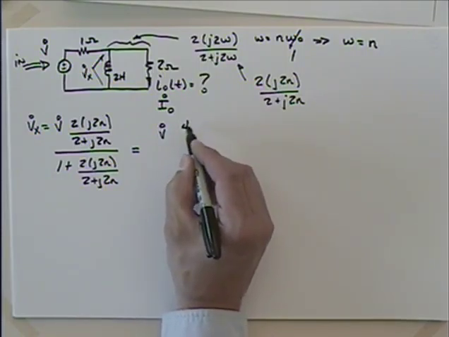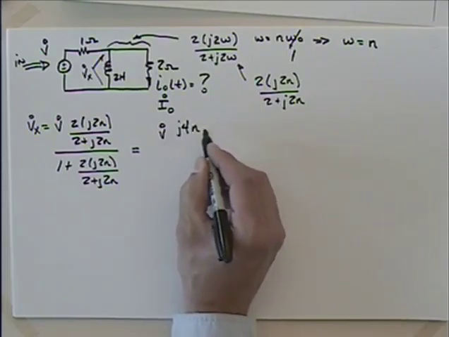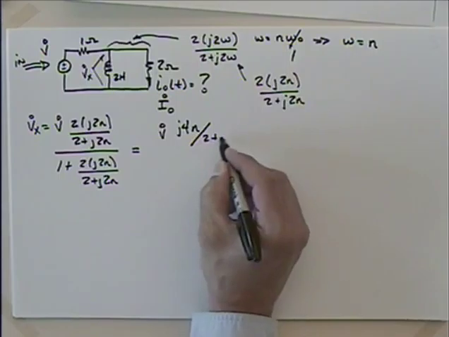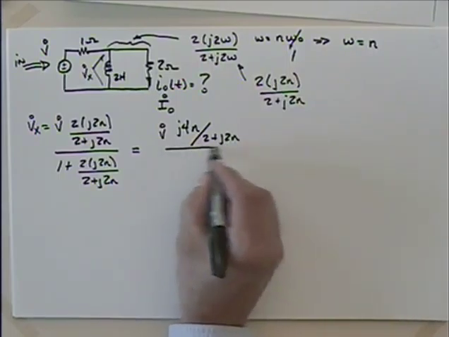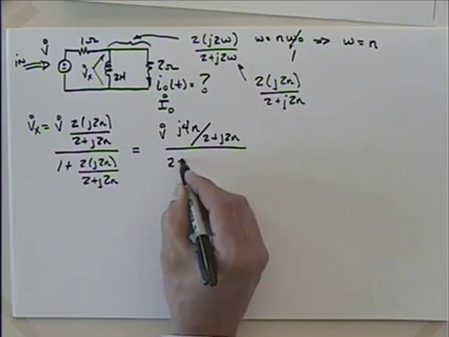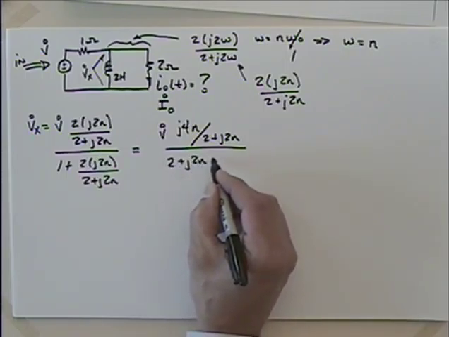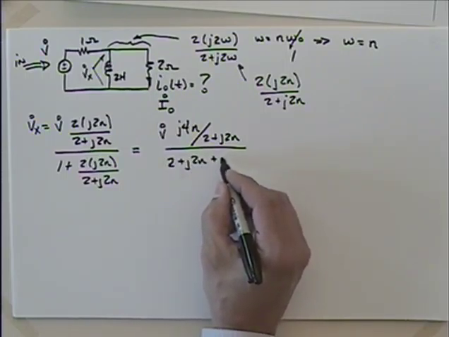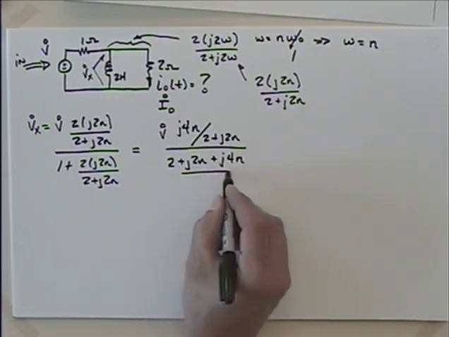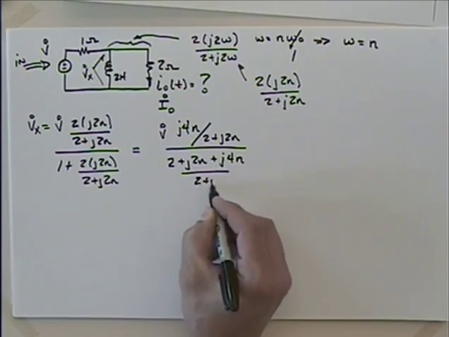So I'll have 4j4n divided by 2 plus j2n, all over 2 plus j2n plus j4n, all divided by 2 plus j2n.